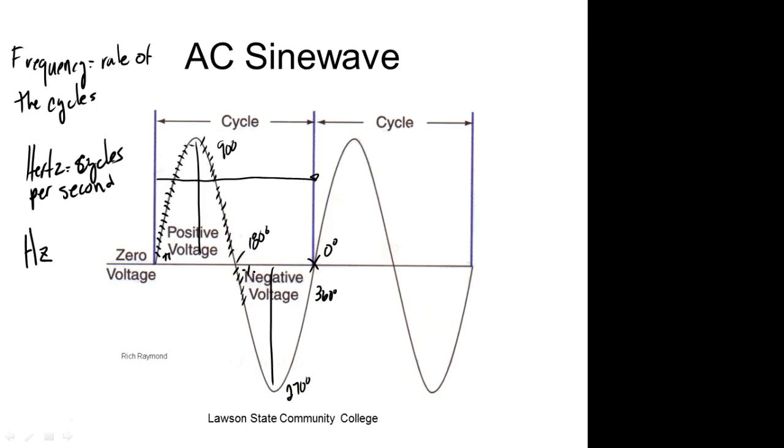So what they had to do is come up with a method of giving us, we don't call it an average, we call it an effective voltage. They had to come up with a method so they could understand the amount of work, where your negative voltage does the exact same work as your positive voltage. Does that make sense? So they came up with something called RMS, and this is what your meter measures.